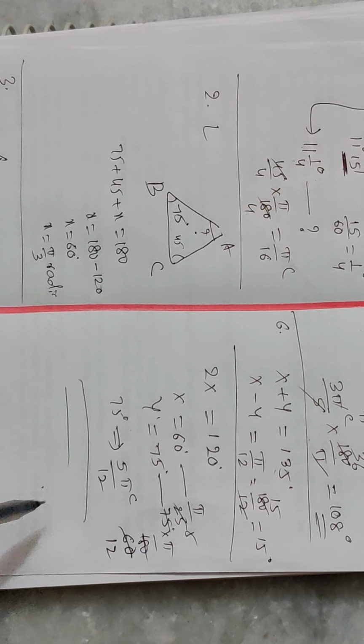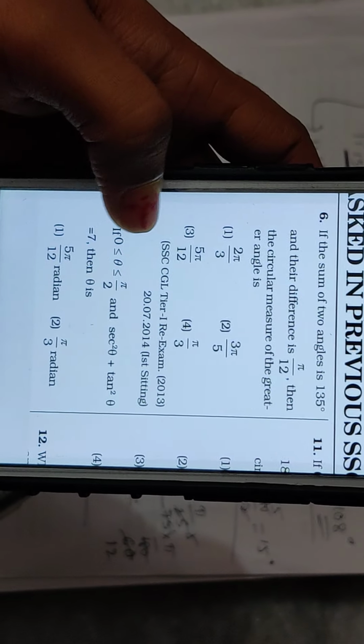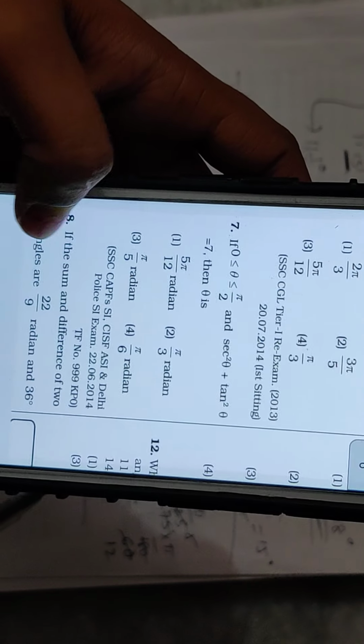This is the greatest angle. So option number 3 is the correct answer. Next, going to the 7th question.